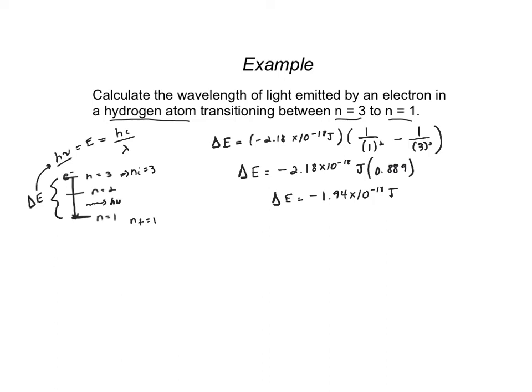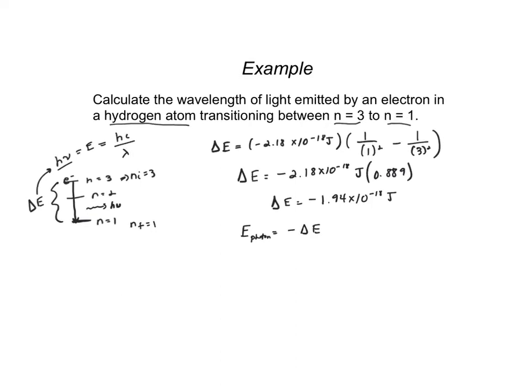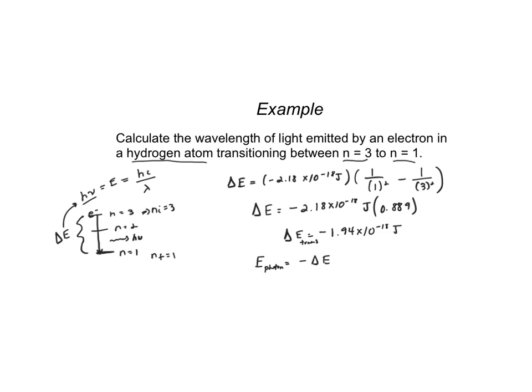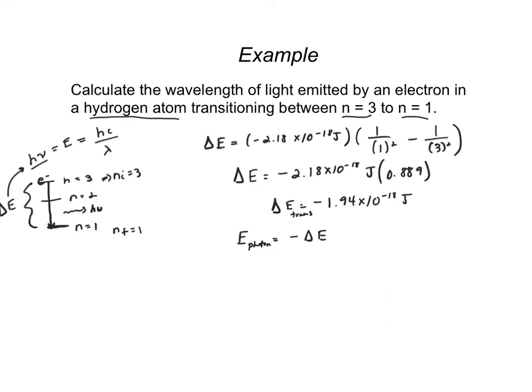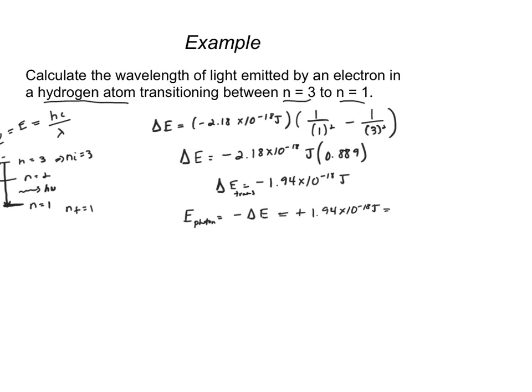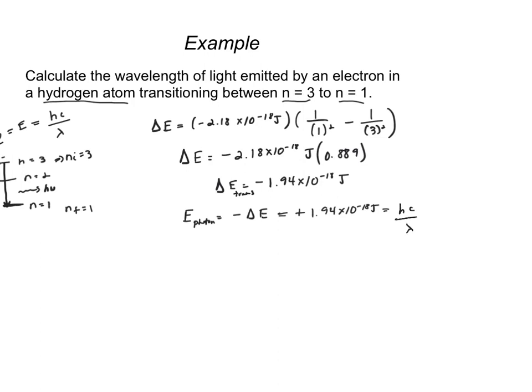Okay, so again, what we're doing here is emitting a photon of light. So the energy of that photon is essentially going to be the negative of this energy of transition. So this is what we have been calculating, this transition energy. So the energy of the photon is going to be a positive 1.94 times 10 to the minus 18th joules. And now that we have that, we also know that this is equal to hc over lambda, where h is Planck's constant.